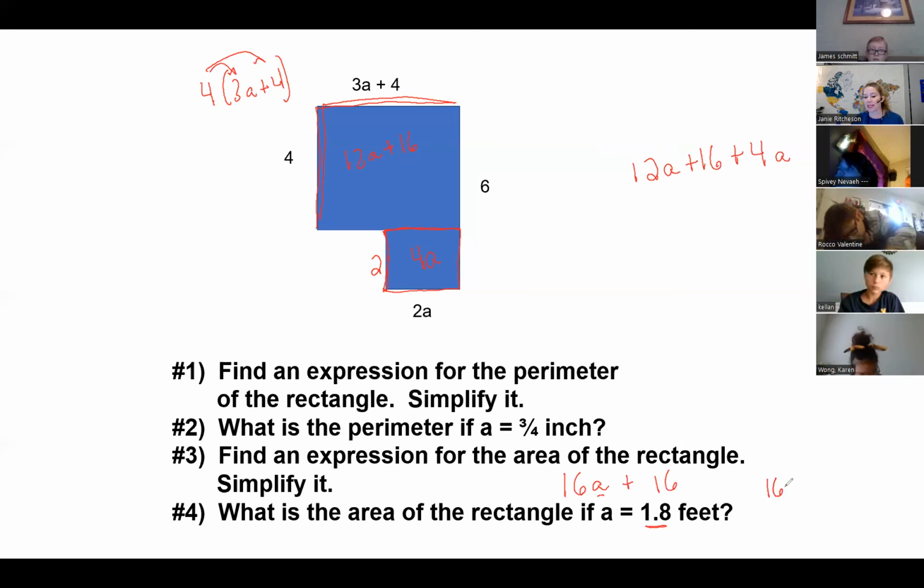So we're going to multiply 16 times 1.8 and then add 16 to that. So if we substitute 1.8 feet for a, we get 44.8 feet.